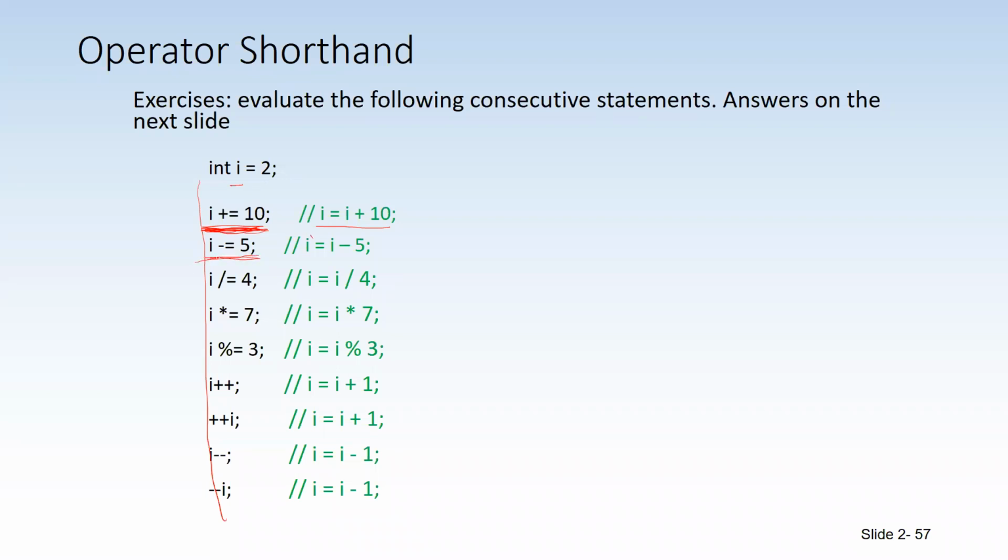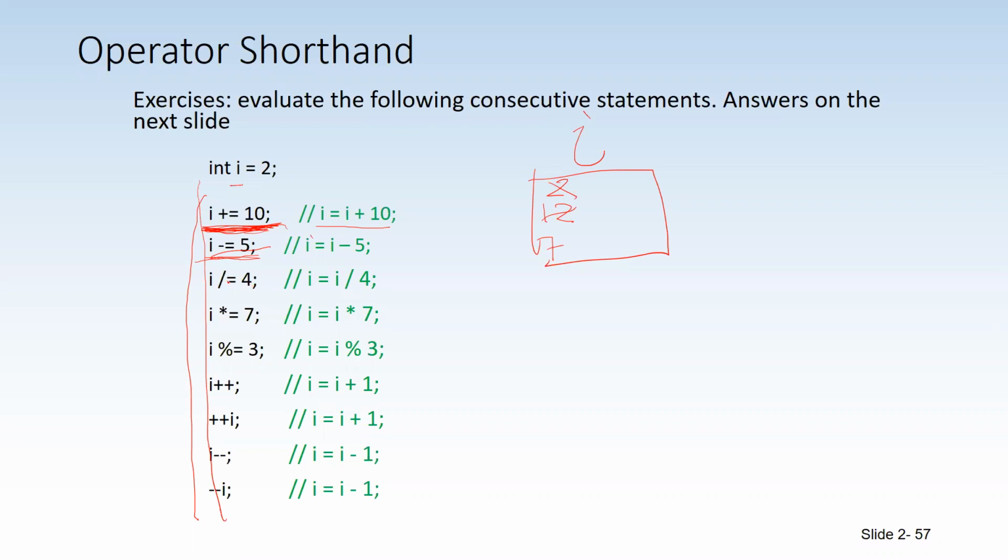It's 7. From the previous statement, it's 12 already. So you have a variable named I. Originally it's 2, after the first statement it's 12, and after this statement it's 7. It says consecutive, that's why it tripped me up.